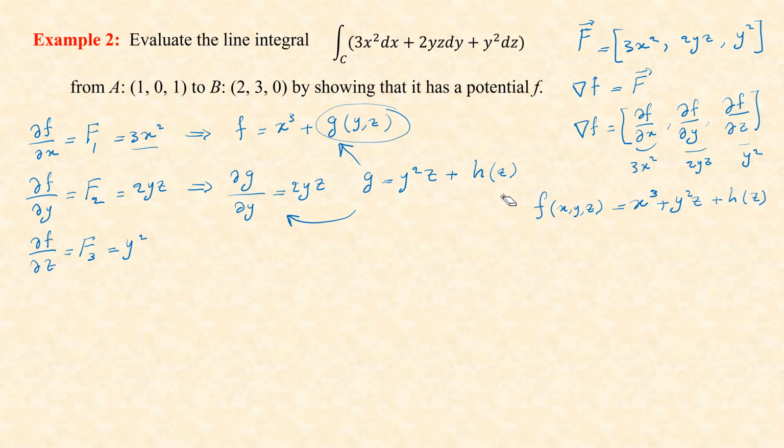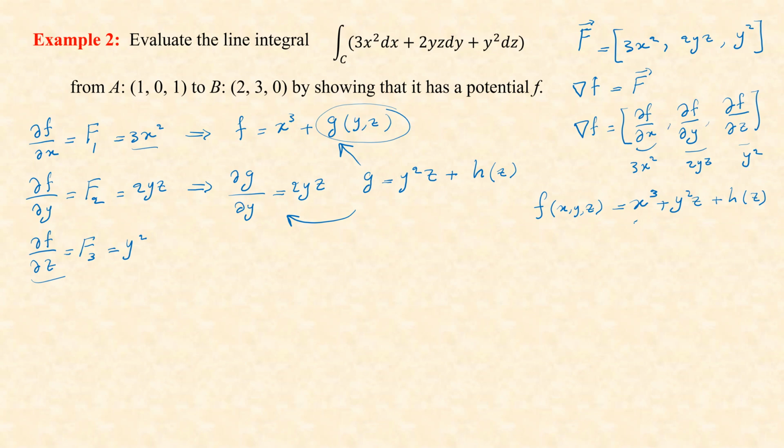All right, and then we put back G in this equation, F becomes X cubed plus YZ plus a function of Z. And then we apply the third condition, the derivative with respect to Z should be F3, which is Y squared.